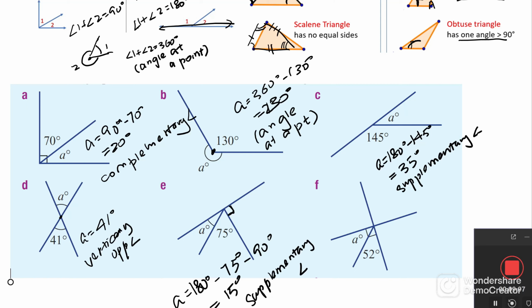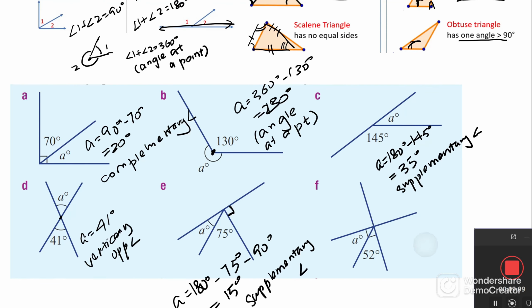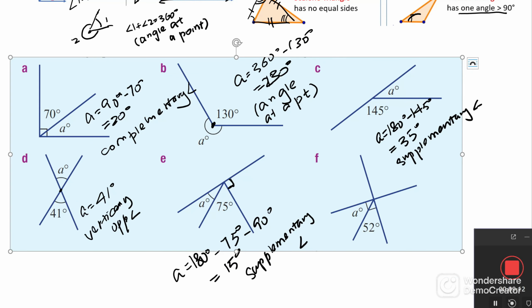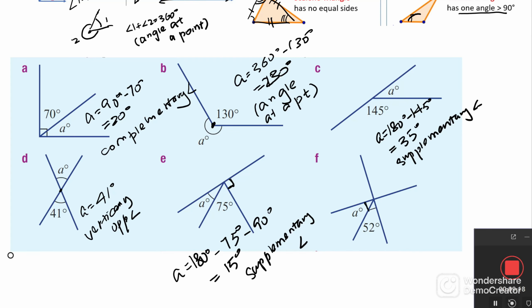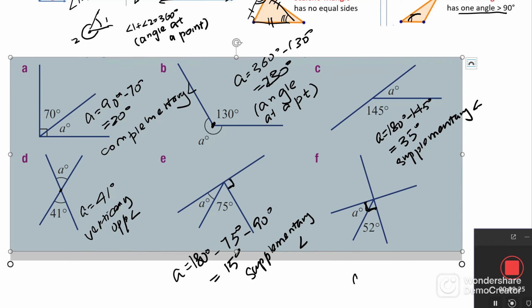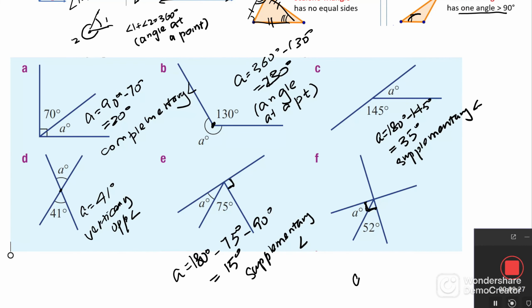Cool. Last, F. It looks like an angle at a point, but we have a simpler solution to this. See this corner right here, that gives you a right angle, and when we see a right angle, I think of complementary right away. So we don't need to use angle at a point.